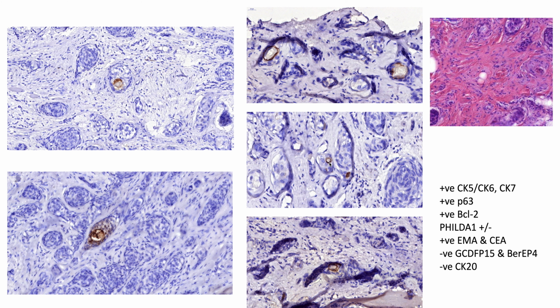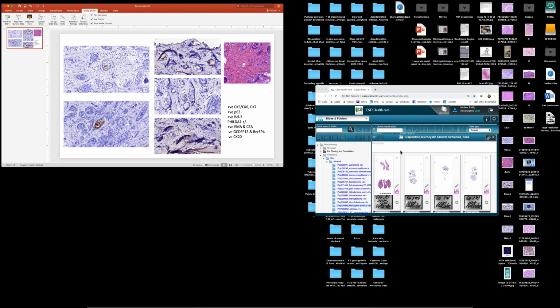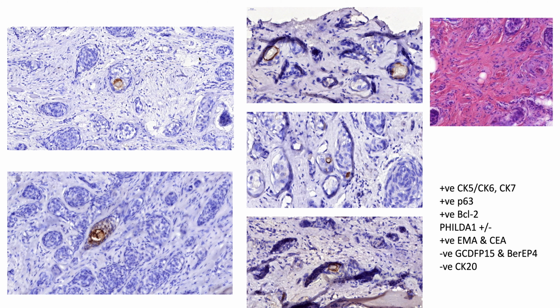Now, I thought that might be a duct in the middle of that clump of cells there, but I wasn't so sure about the bottom or the top as to whether these were in fact foci of keratinization. And there, on the top right, you can see those little ducts that I noticed when we were looking at the scan slide. And this is the immunohistochemistry for microcystic adnexal carcinoma.